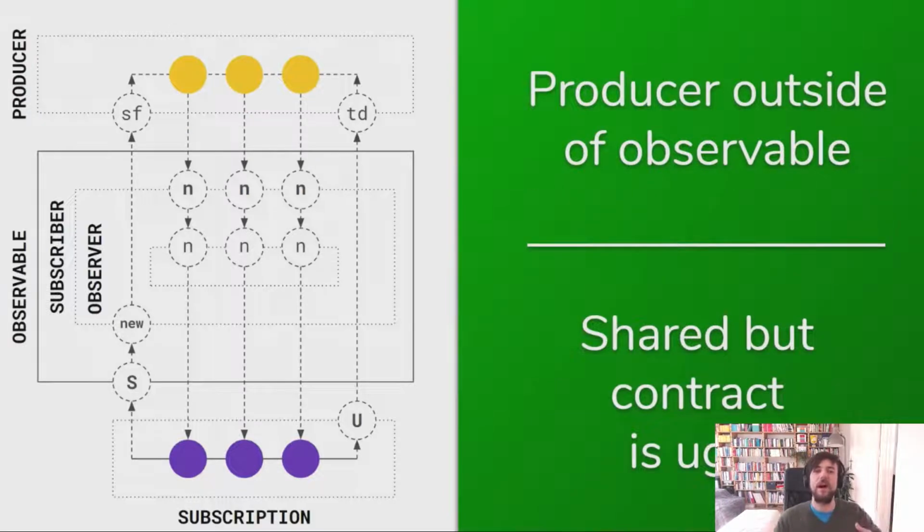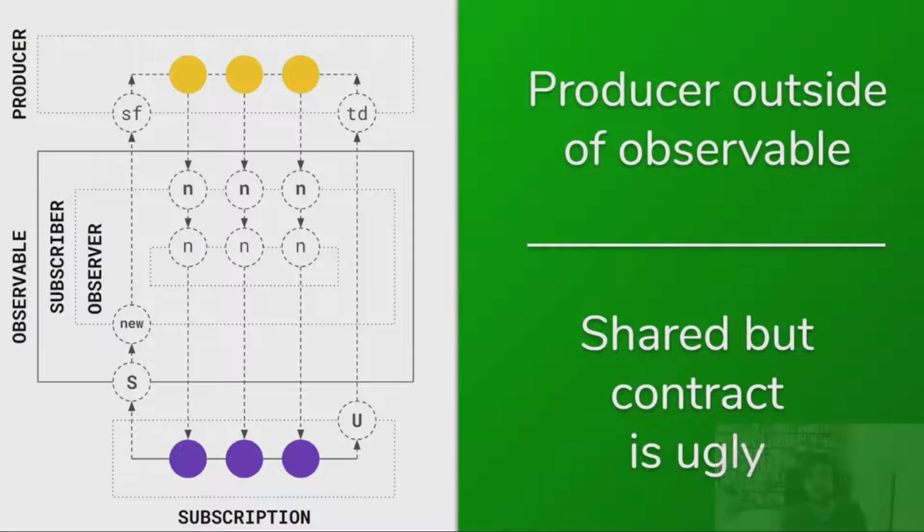So the producer sits outside of the observable. Well, I would end up in a pretty ugly contract. I would have my subscriber function somehow exposed and my teardown, and really bad.